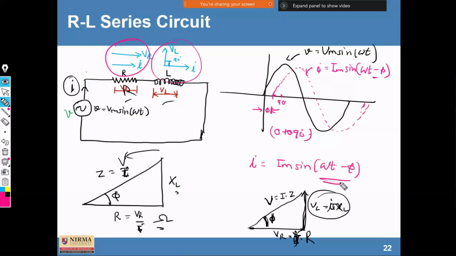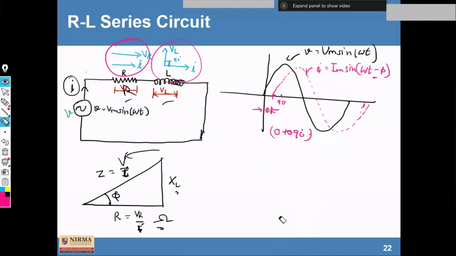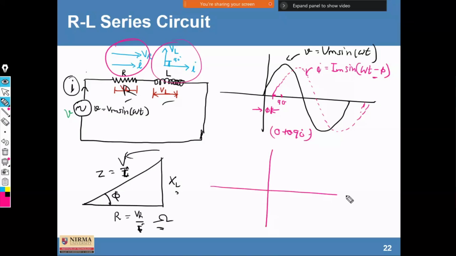Clear? Yes, sir. Okay, fine. And we can also draw the vector diagrams from this. The vector diagram we can represent with the help of two different vectors.